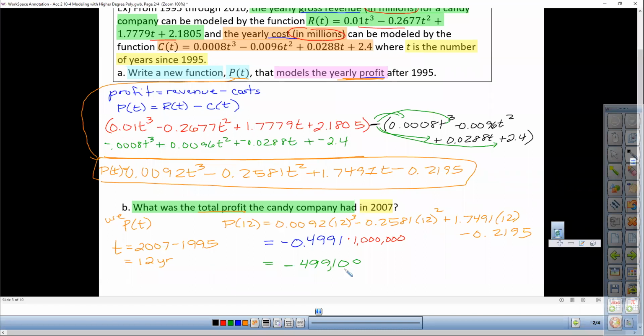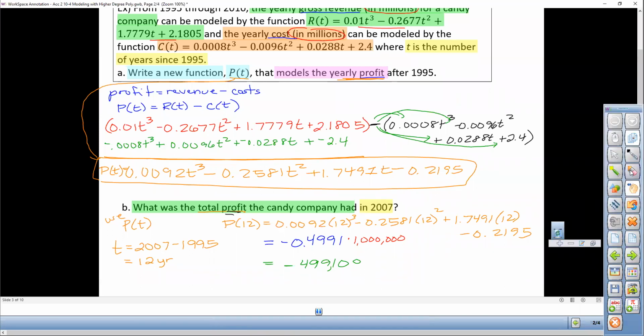So what does it mean if our profit is a negative number? Well, that actually means that the company lost money. So if that's what you're thinking, good. Yes, if your profit turns out to be negative, that means that the company actually didn't make any money. They actually lost money. Their bills were more than their revenue.